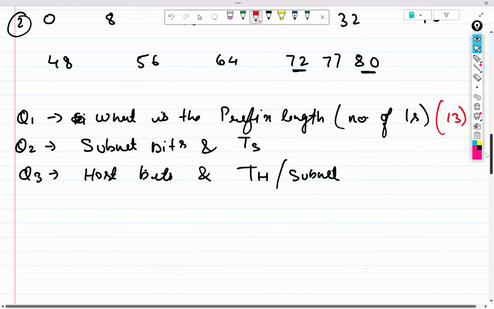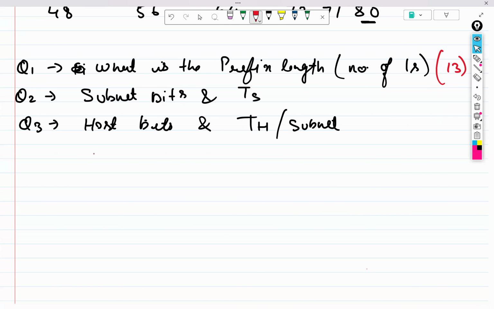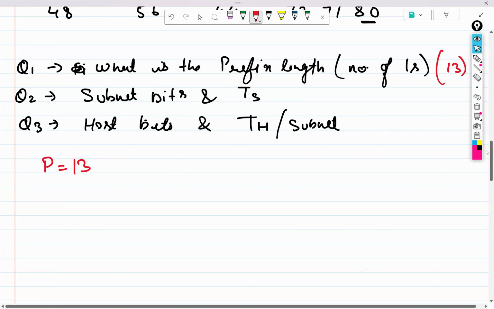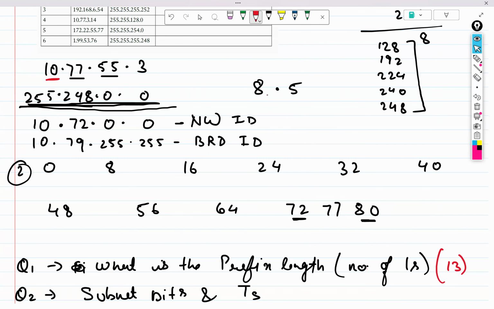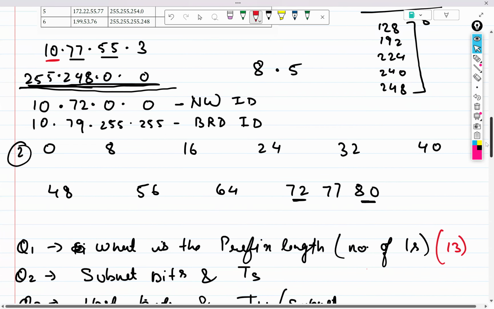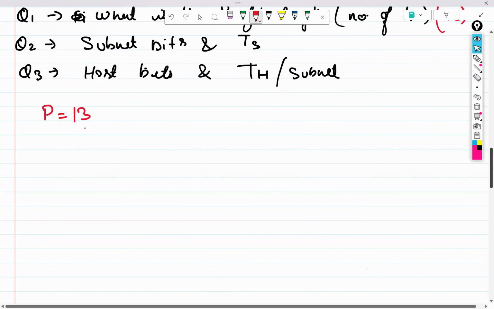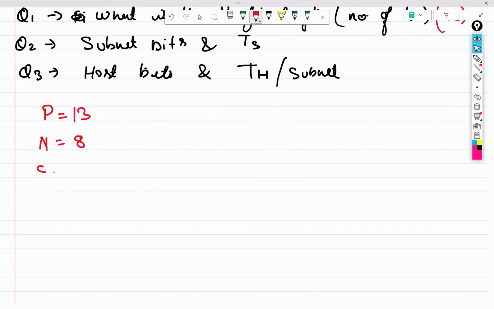Now with this, in yesterday's class, we saw the calculation. So total number of ones is called the prefix, that is 13. Now this IP address belongs to class A. If it belongs to class A, how many network bits are there? There are 8 network bits, correct? And the subnet bits are P minus N. If you do not know this calculation, please go back to the recording from yesterday's class.